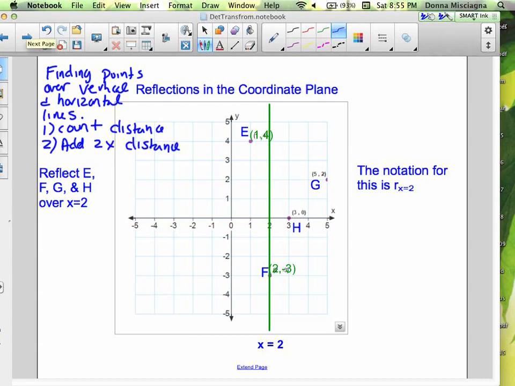And make sure, watch your signs. Right? So if the image is to the left or down, your distance is negative.